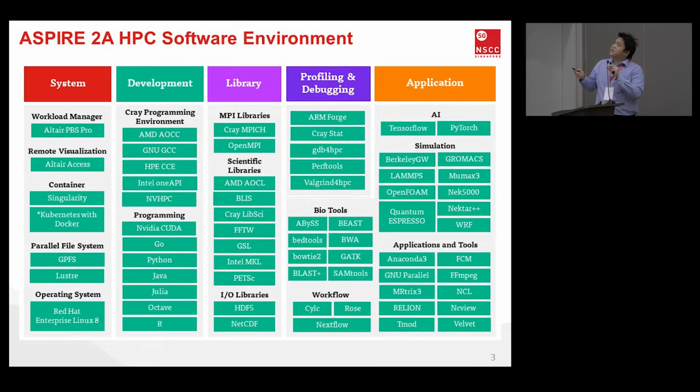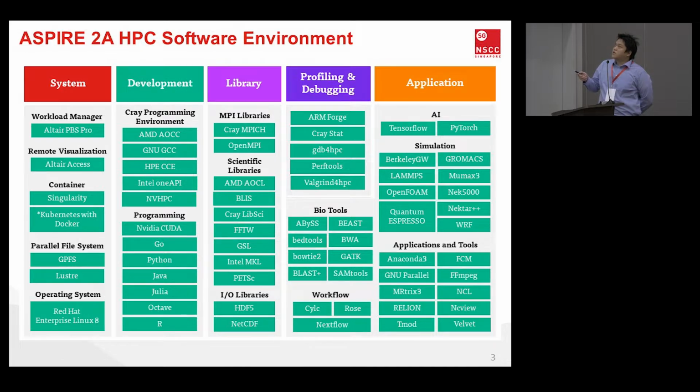And yeah, for development, we have quite a few options to choose from. We have the AMD AOCC, which is written by AMD. And also we have the GNU. And also we have the HPE Cray Compiling Environment and Intel, as well as the NVIDIA HPC software environment package.